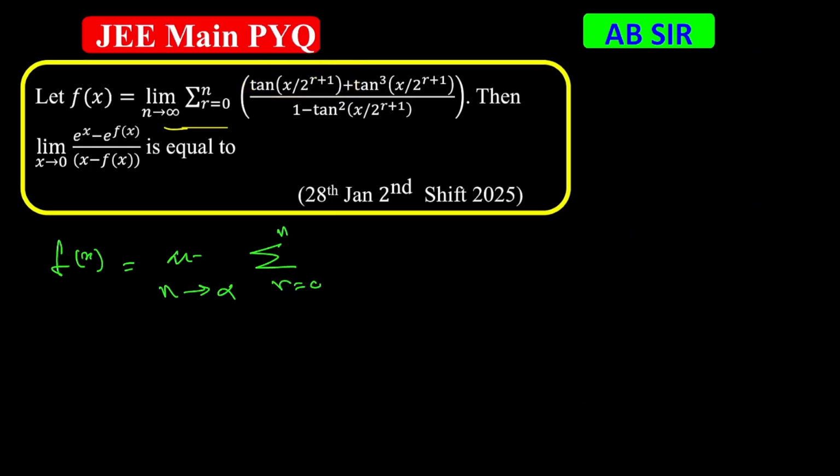And everybody remember, you have to be very comfortable with the multiple and submultiple formulas, then only your calculus will be very strong. Otherwise you have to suffer in calculus.